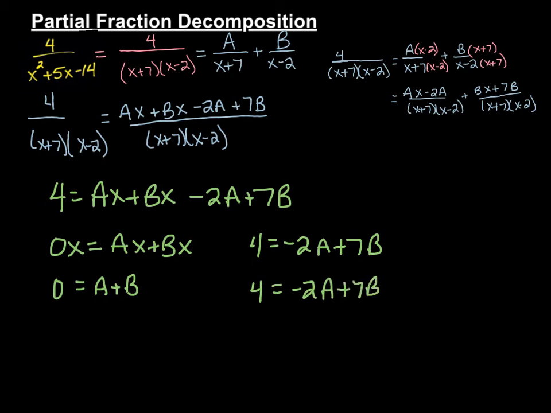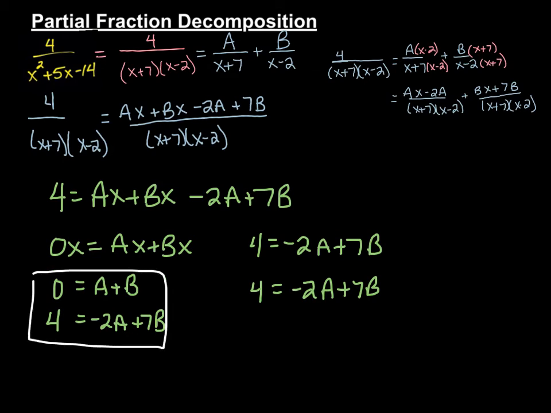Well, here we have a system of equations. This is a system of equations right here. So we're going to try and solve this system of equations. Once we find the A and B that satisfy this system, we're going to plug it back into this A and this B, and that's going to give us our decomposed fraction.